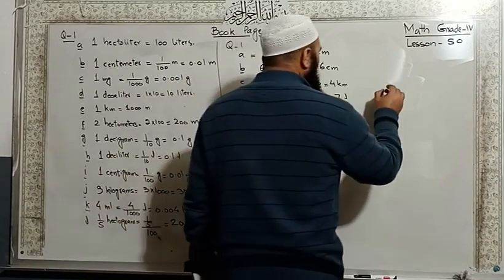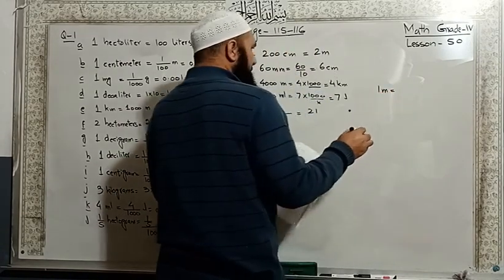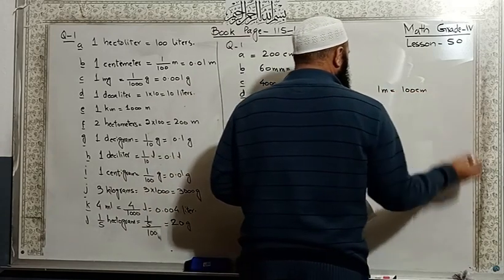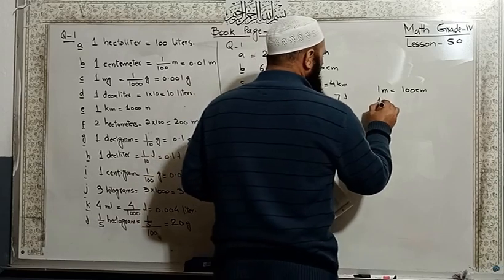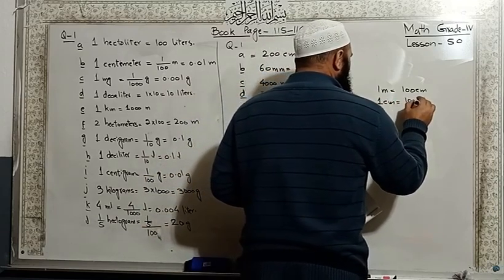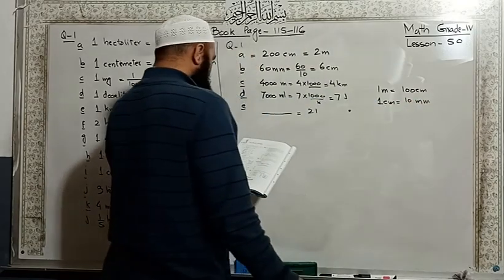For example, 1 meter is equal to 100 centimeters. And 1 centimeter, we know, is 10 millimeters.